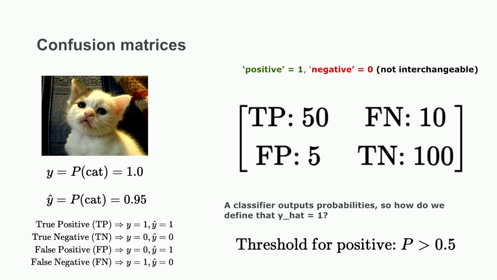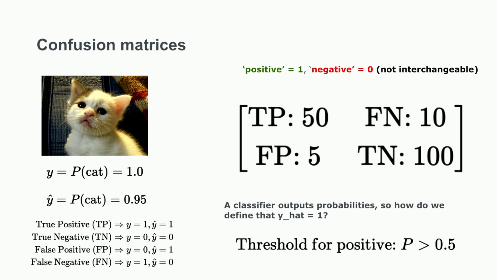We're going to have 5 false positives, which means that we're going to have 5 images that are dogs or horses or whatever, mistakenly identified as CATs. And then we're going to have 10 false negatives, which are cats that we failed to identify. These images were really cats, but we say that they were not cats.